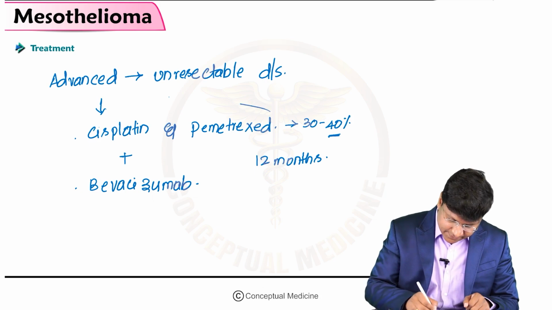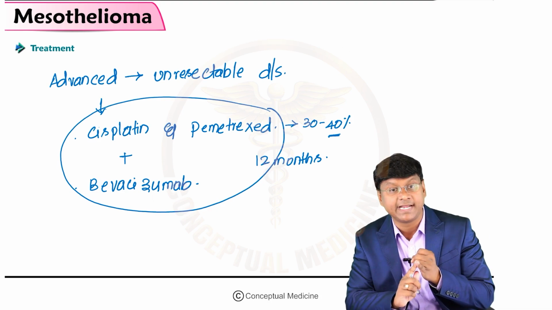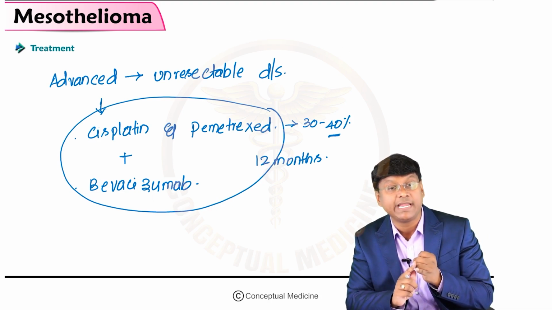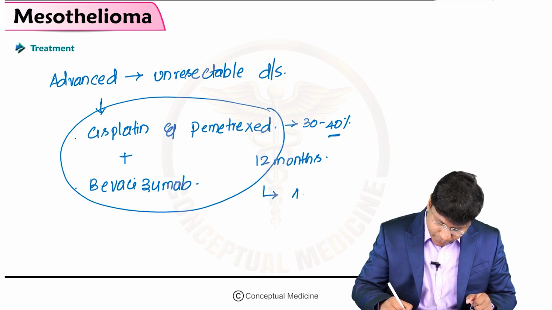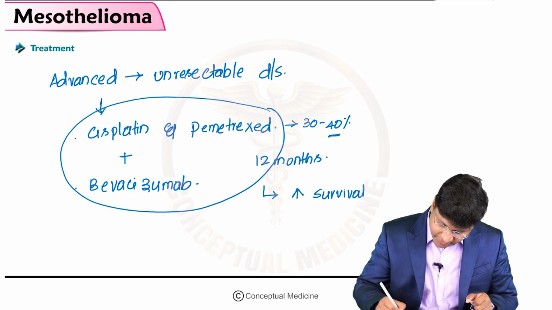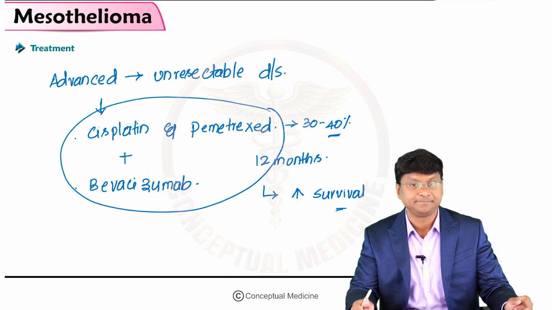What is this bevacizumab? It is a monoclonal antibody to vascular endothelial growth factor. So, this combination has been found to improve survival compared to the combination of only cisplatin and pemetrexed.